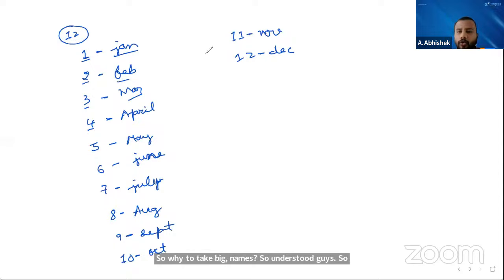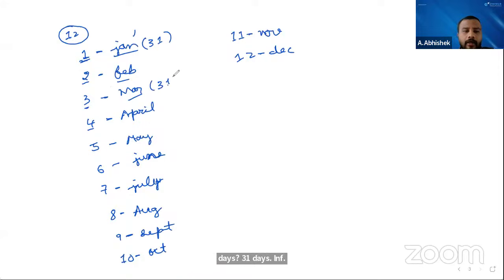So the user will enter from 1 to 12, one month. Suppose the user enters 1, I need to display how many days are present in this month. So how many days? 31 days. February, let us come to later. March means again 31. April means 30. May means again 31.